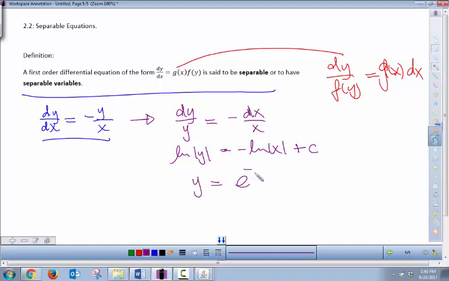Now let's be careful when we deal with this. How's your algebra? By algebra, I mean intermediate algebra. Yeah, e to the c over x.